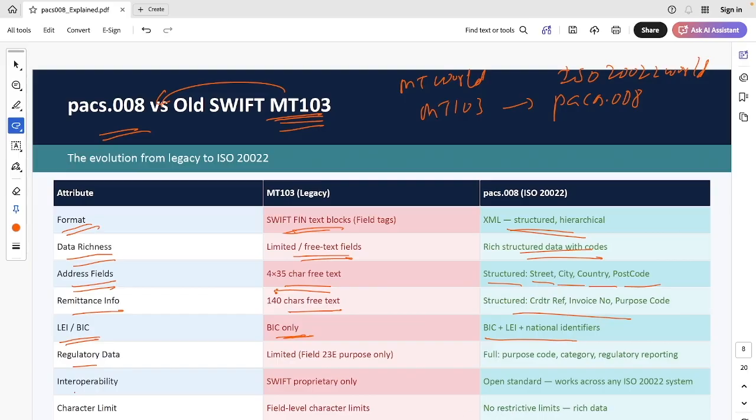In the MT world, status replies may come through MT199 or MT299. In the ISO 20022 world, pacs.002 gives structured status updates with proper reason codes. So these are the differentiating factors between MT103 and pacs.008. MT103 is a legacy and limited format, whereas pacs.008 is structured, data rich, and automation friendly.